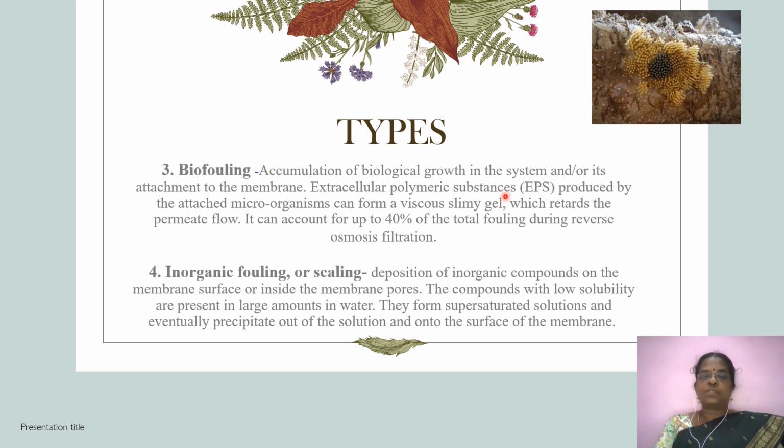How are these substances? These are slimy, gel-like substances. See, you can see on the membrane how a gel-like layer is growing on the surface. This can account for up to 40% of the total fouling. So 40% of fouling is due to biofouling alone, and that too because of EPS, as we call it shortly, in the RO process.